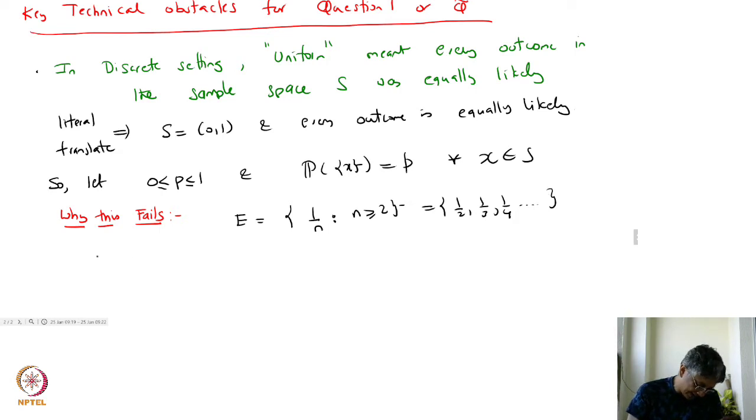Now I clearly know by the axiom of probability that if there was a probability on S, then the probability of E would be equal to the sum over k from 2 to infinity of the probability of {1/k}.